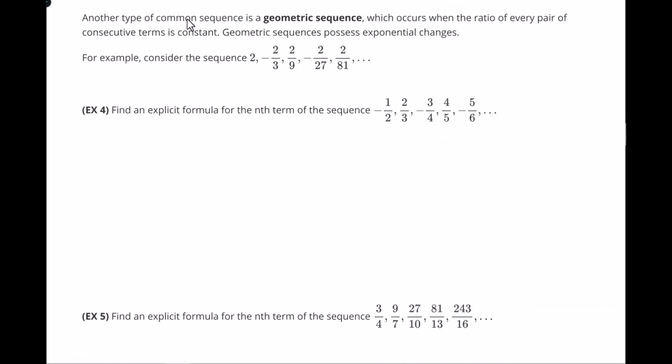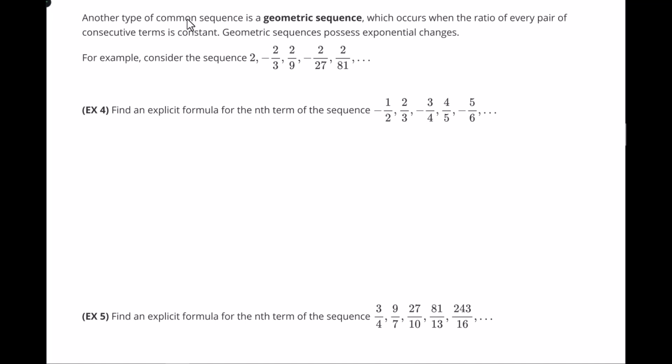The other type of sequence that we're interested in is the geometric sequence. This happens whenever the ratio of every pair of consecutive terms is constant. So this possesses an exponential relationship when changes occur.